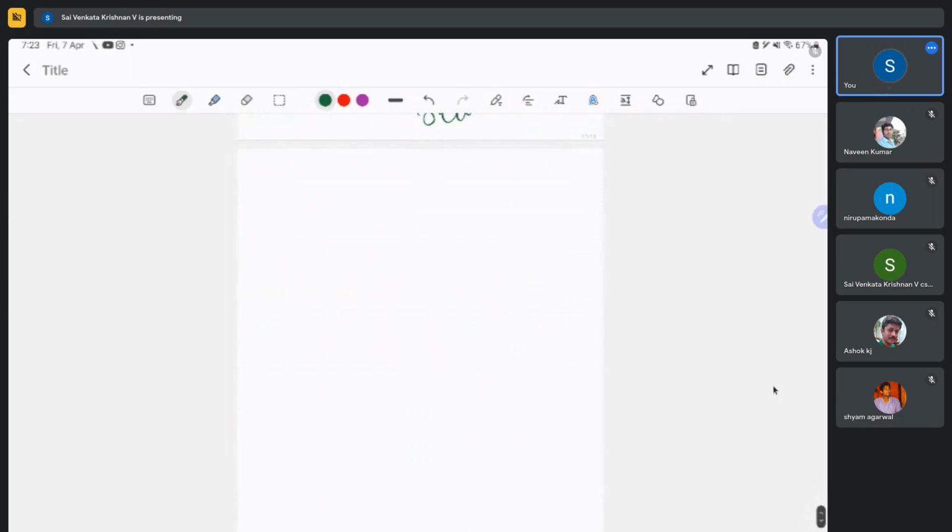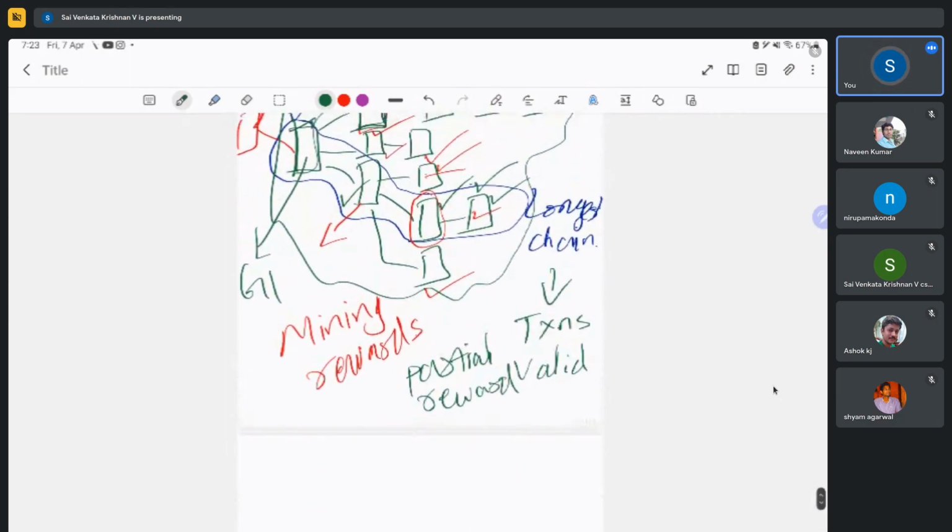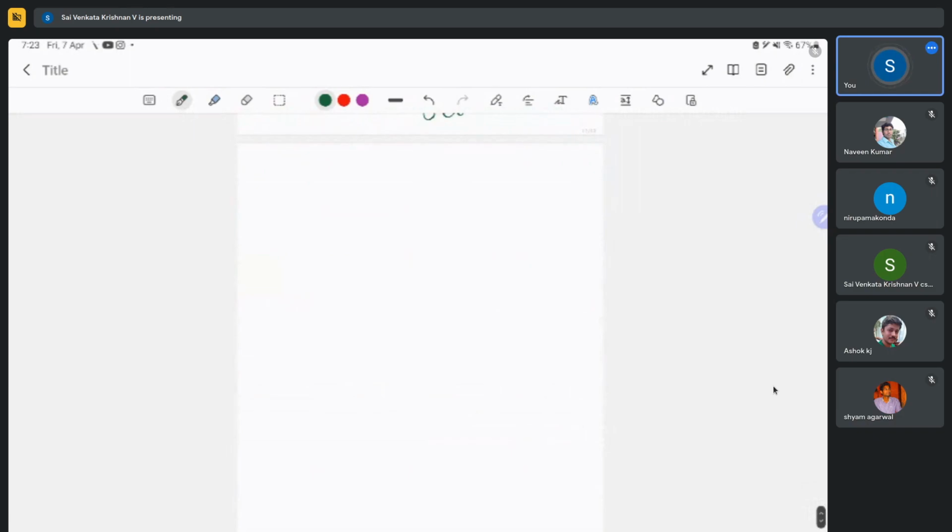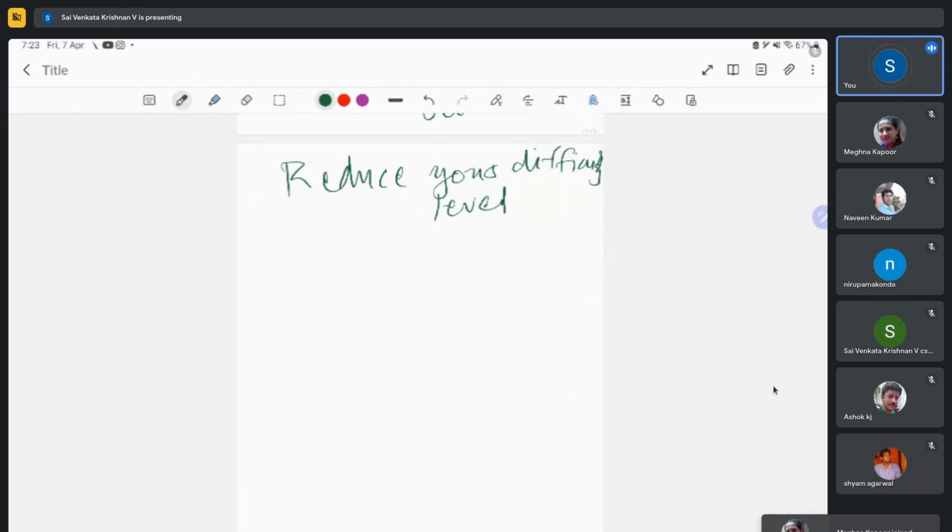So in this way, you can reduce your difficulty level also, and deal with the selfish mining strategy, and ensure that even if the number of forks increases a lot, it actually improves your security.